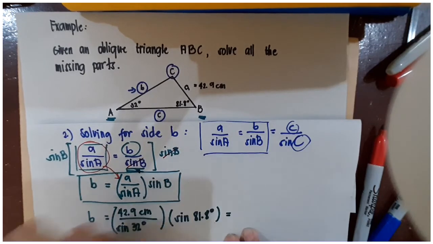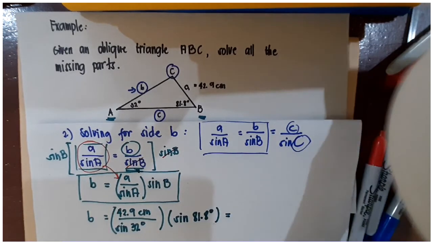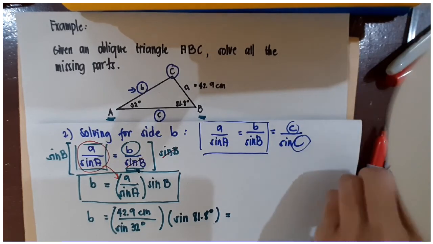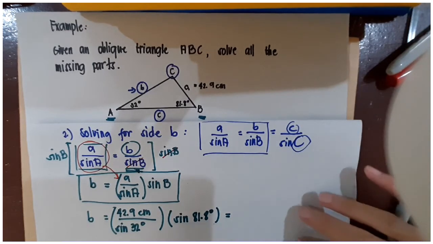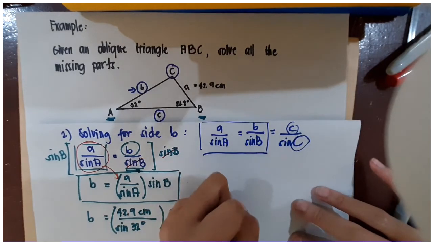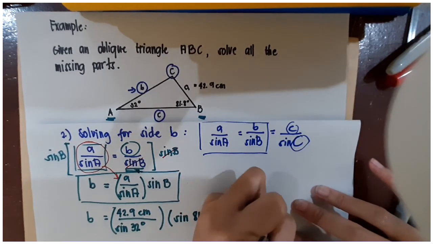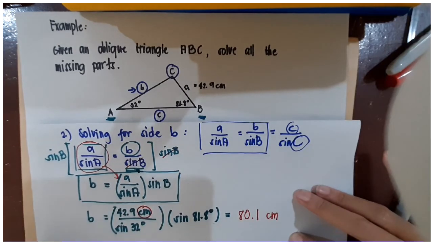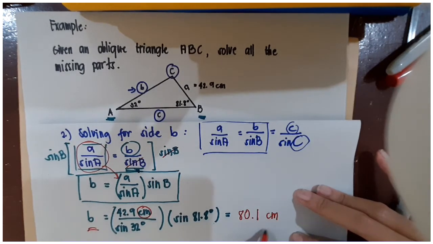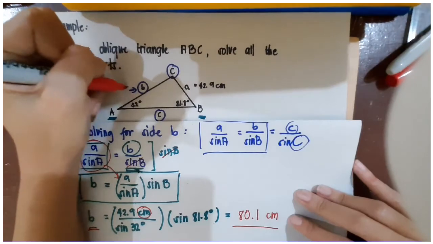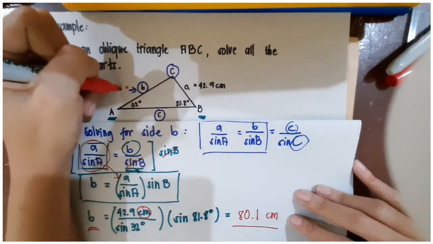So you plug this in your calculator, you will get 80.1 cm. So mare-retain si cm natin na unit kasi hindi naman siya na-cancel out. So yung nawala dito na units are your degrees. So your side B is equivalent to 80.1 centimeter.